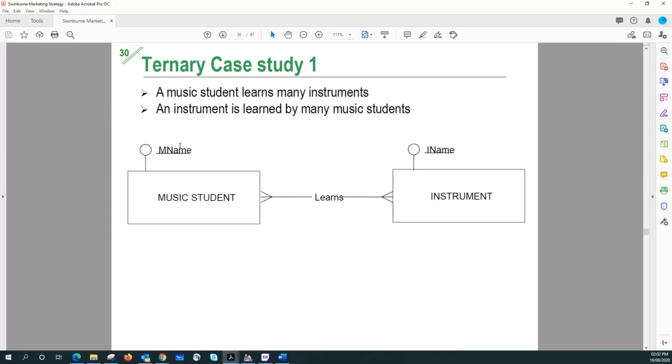For simplicity, I take only one attribute: the music student name as an identifier. I assume no two names repeat. And I take the instrument name as a primary key as well. So there is a many-to-many relationship between the student and the instrument. That is the first relationship.